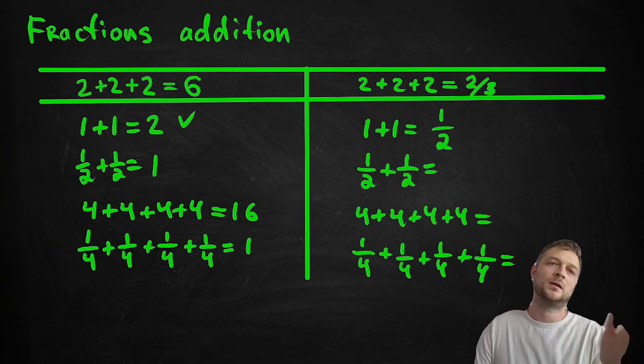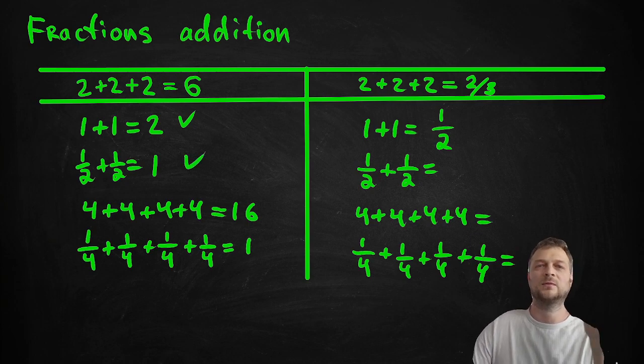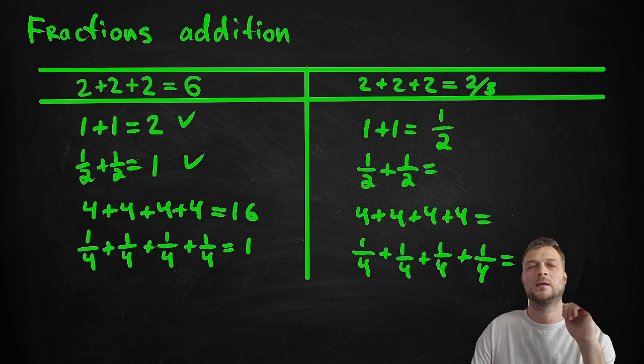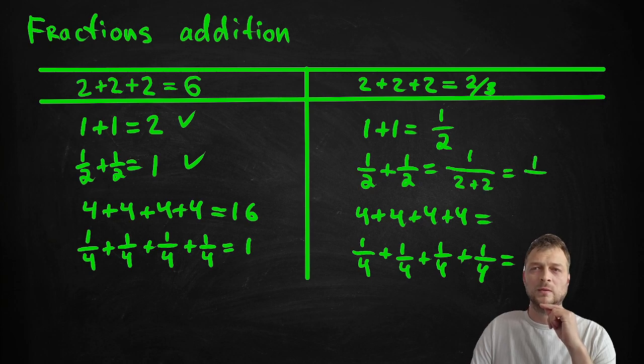If on the left-hand side we have 1/2 + 1/2 = 1, then here we have to get something different, right? Here we have a shared numerator 1, and we sum the denominators, so it's 2 + 2, so it will be 1/4.